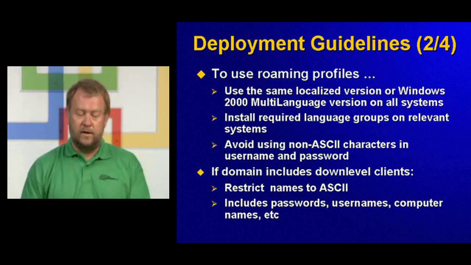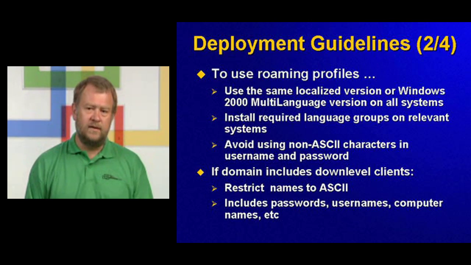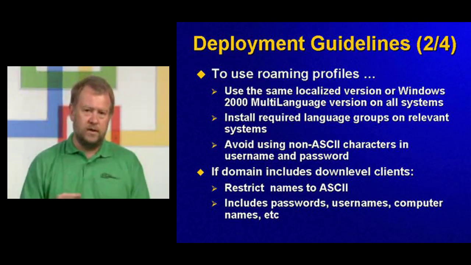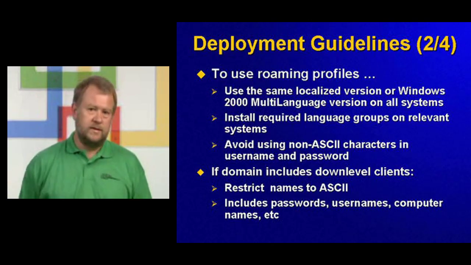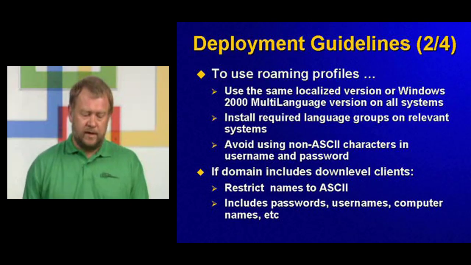You'll want to avoid using non-ASCII characters in usernames and passwords, and machine names as well, I should have said here. Again, this is just the best safe practice. In theory, you shouldn't have to do this if you've installed all the language groups, but you may have forgotten to install a particular language group, and someone wouldn't even be able to log on to that system if they have characters in their username and password that are not supported by that system.